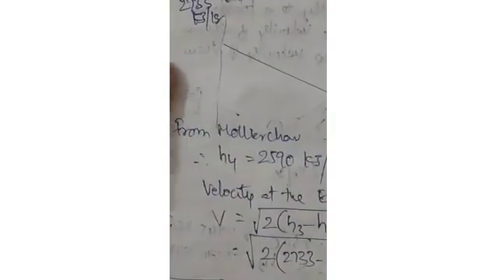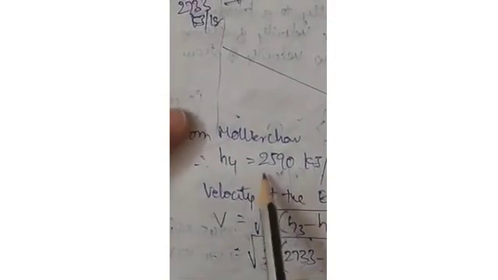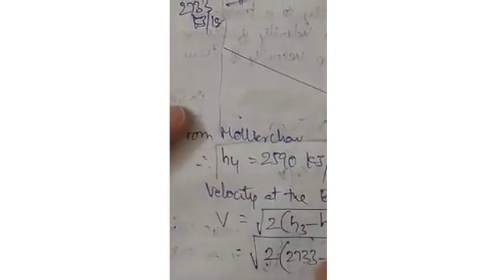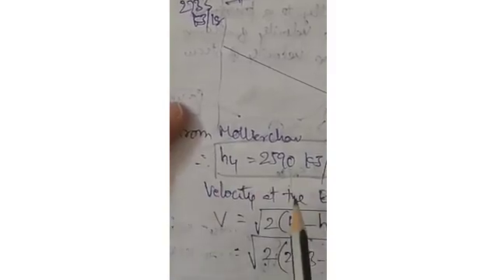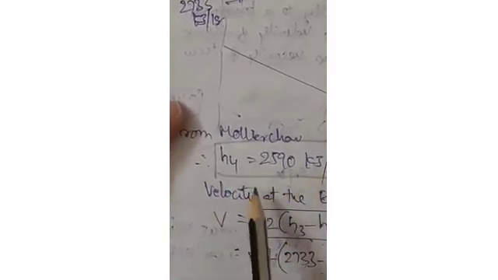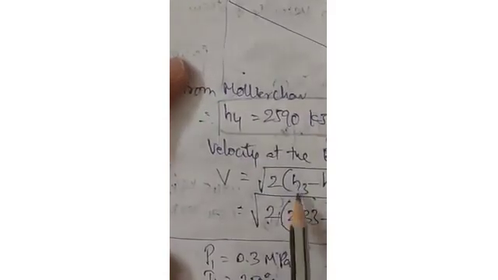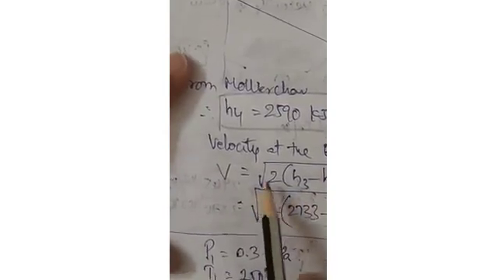So I can get the enthalpy. Enthalpy at the exit of the nozzle is 2590 kilojoules per kg. So I now have the enthalpy at the exit of the nozzle, and the enthalpy at the inlet of the nozzle, that is H3. H3 and H4 I'll substitute in this formula.